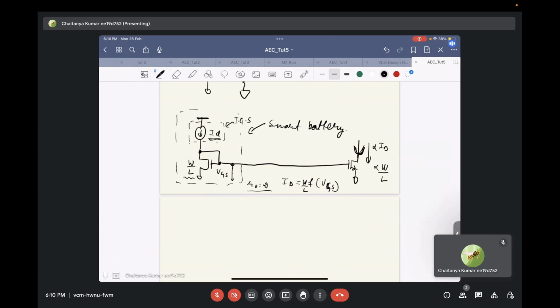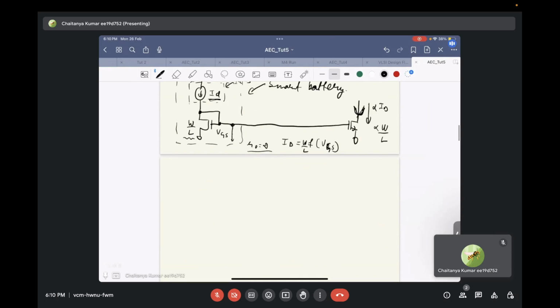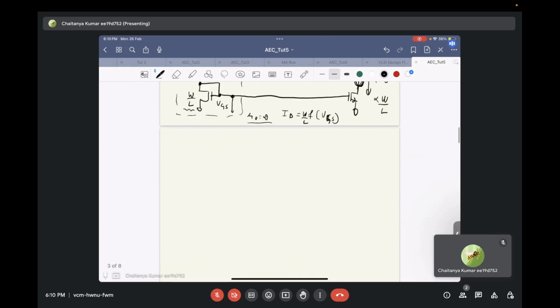Once we generate this VGS through this diode connected transistor, we can use this VGS in order to bias any other transistor. So we had this common source amplifier.